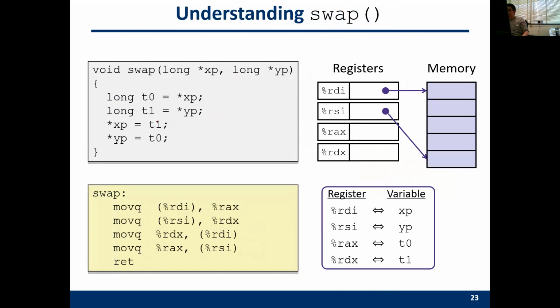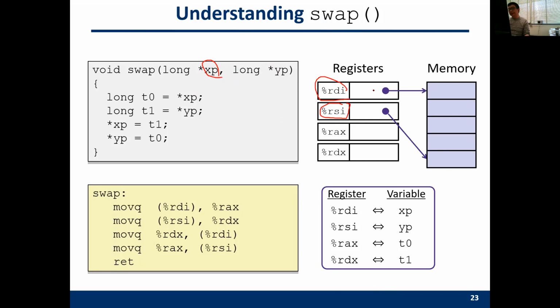This is one example of how to implement a swap operation. A swap operation exchanges the value of two variables. First, this one can store the first argument of the function, which is xp. This one can store the second argument of this function, which is yp.